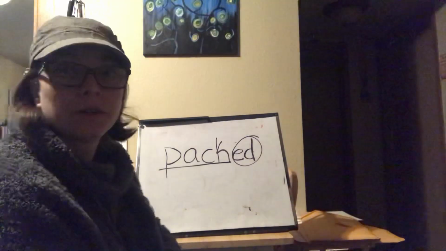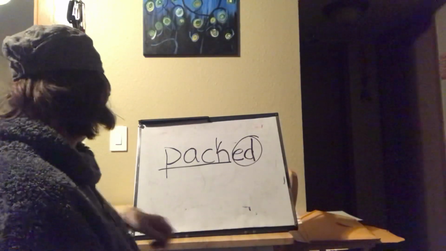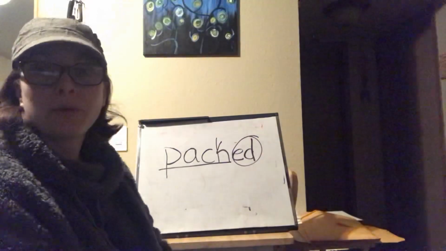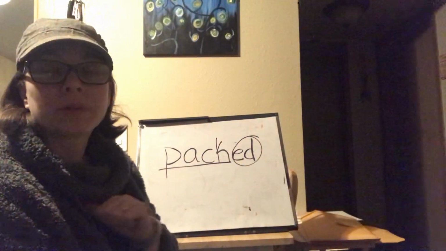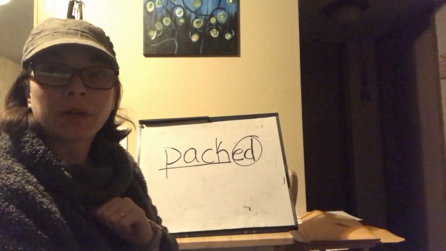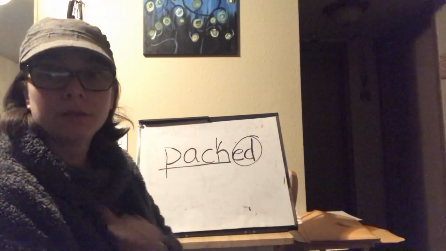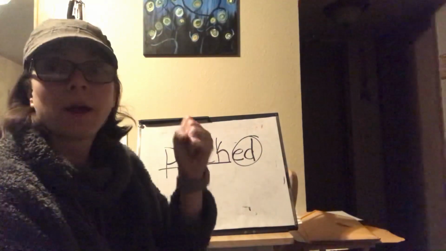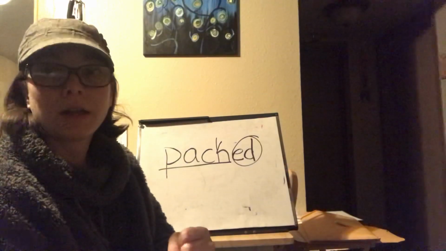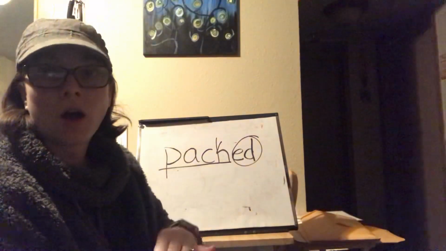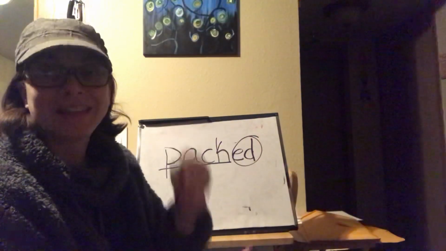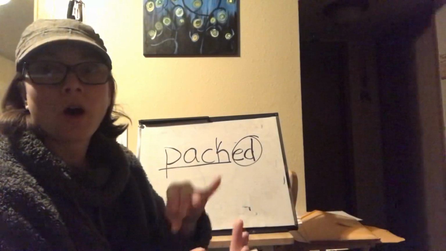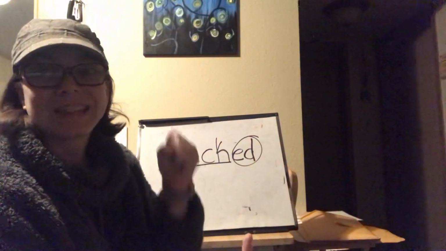Okay, ready? Let's try another one. Let's try one with ing. Ready? I'm going to say barking. Okay, ready? Pound it. Barking. Okay, then you say b-ark, suffix ing. One more time. B-ark, suffix ing.